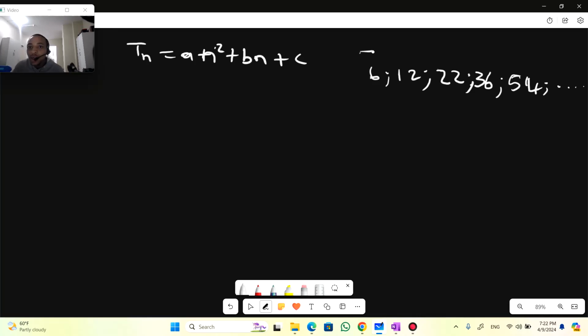Here it is our T1 and this is our T2, then this is our T3, then T4, this is T5. To get the difference, you just say T2 minus T1. So our difference here: 12 minus 6 is going to give you 6.